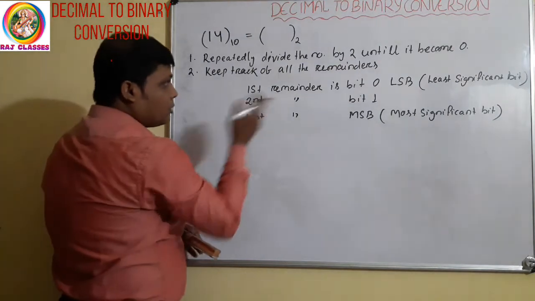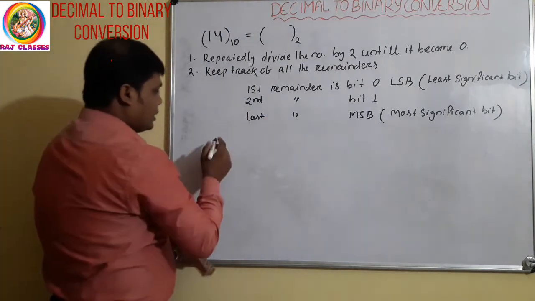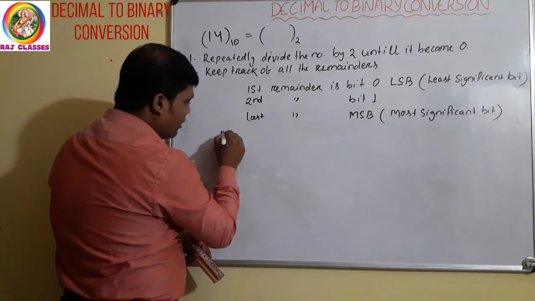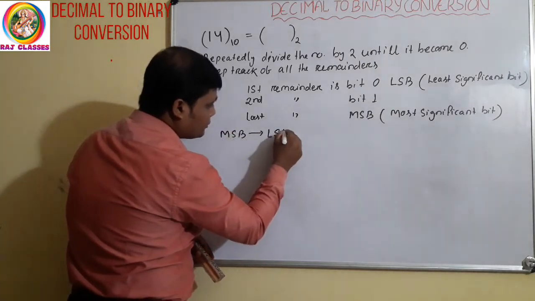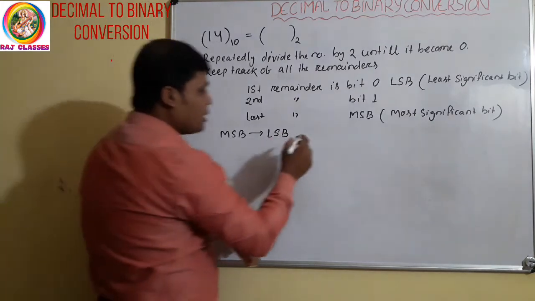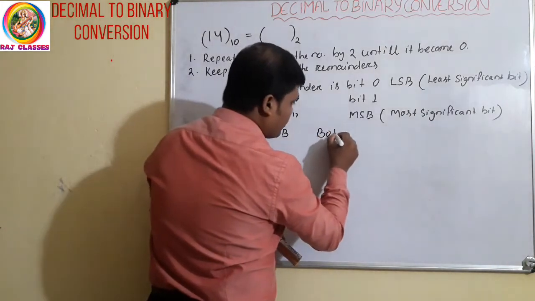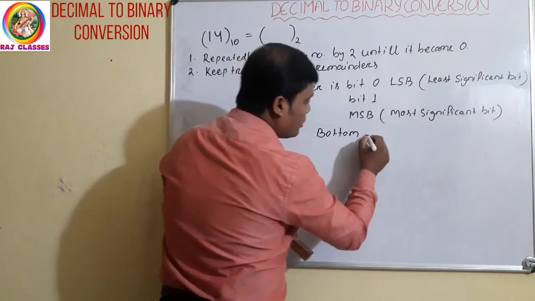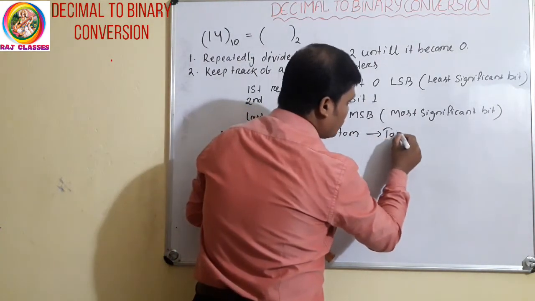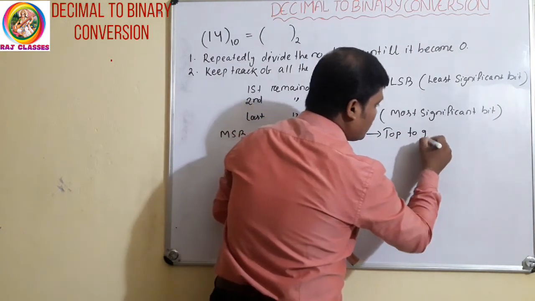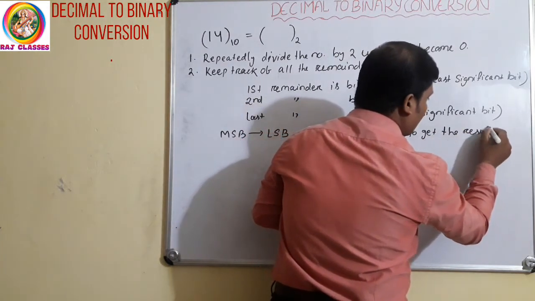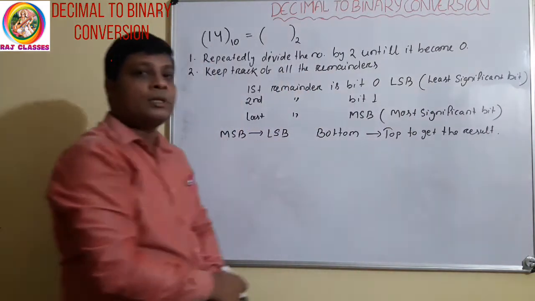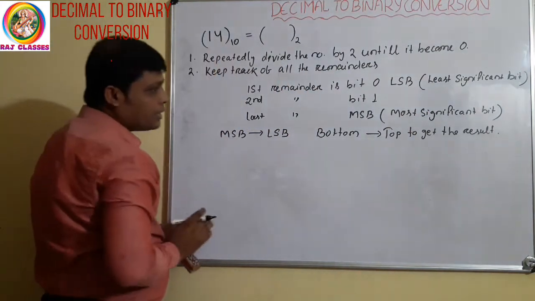So after completion of the process, you just travel from MSB to LSB, or from bottom to top, to get the result. Clear?